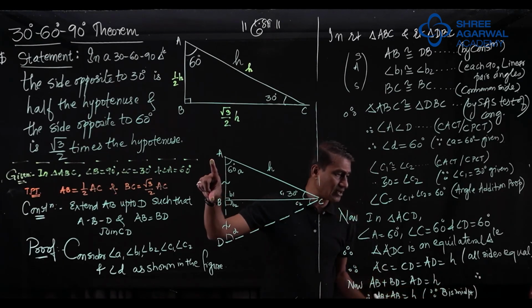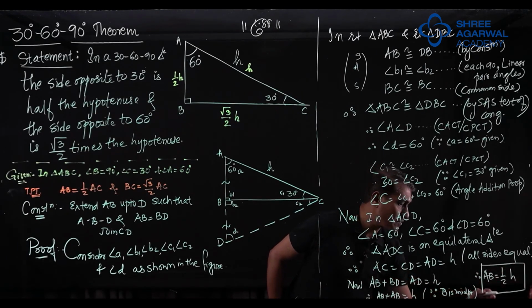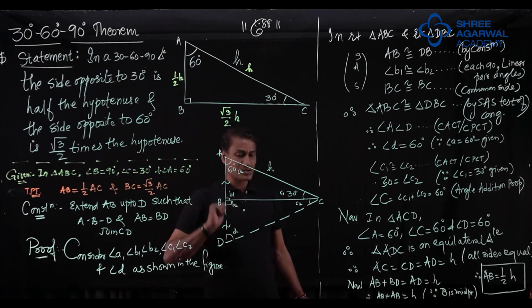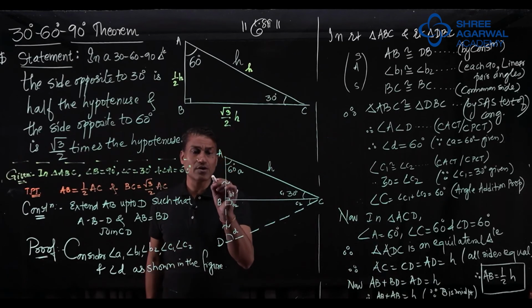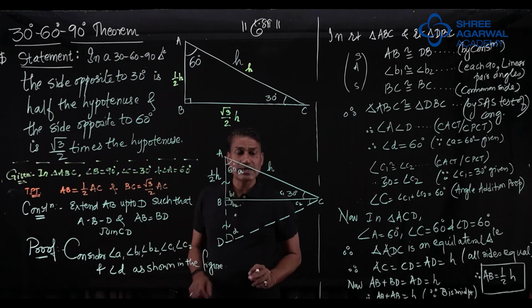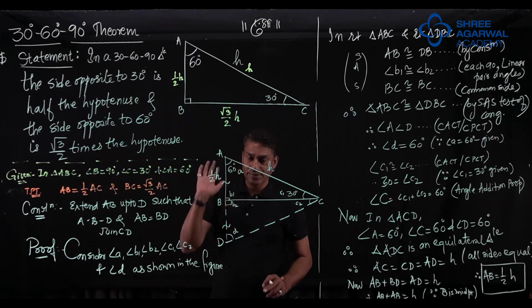Therefore, what is happening, sir? AB is half of H. So I am going to write here now, this is half of H. So we already got one thing, the side opposite to 30 degrees is half the hypotenuse.